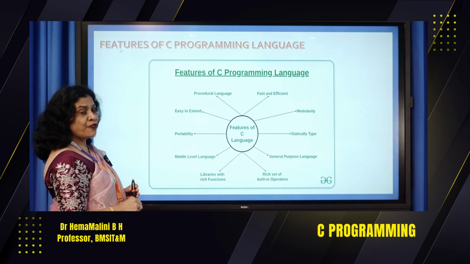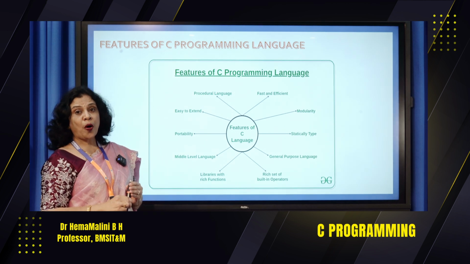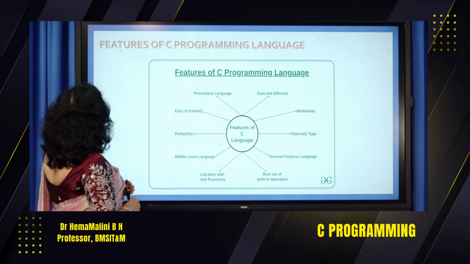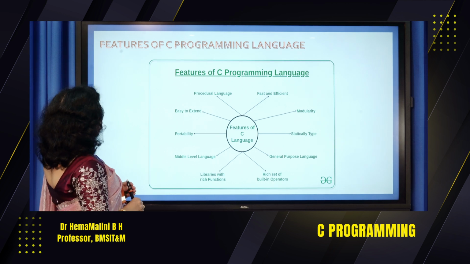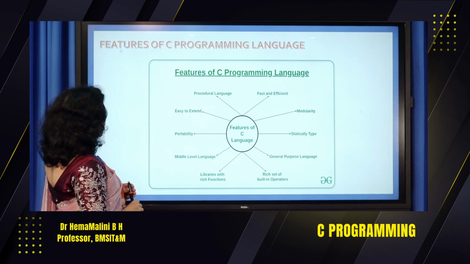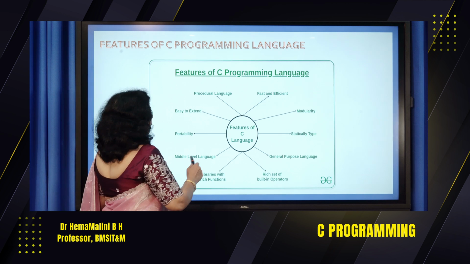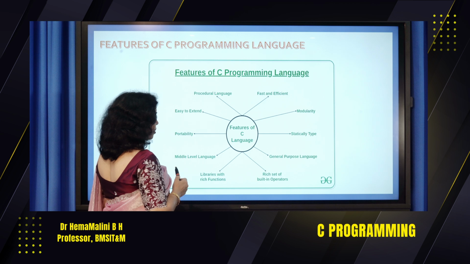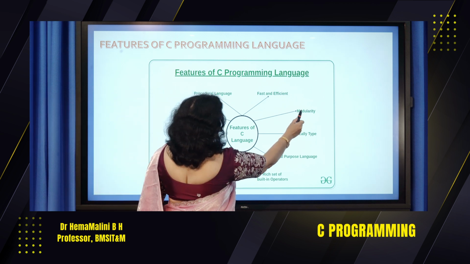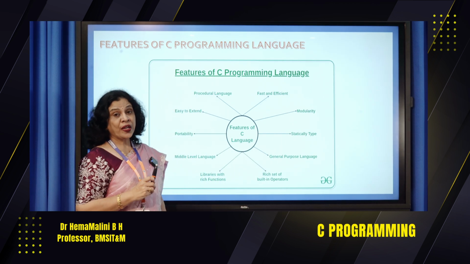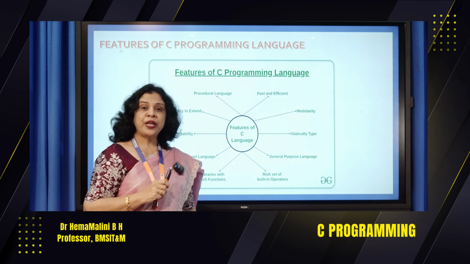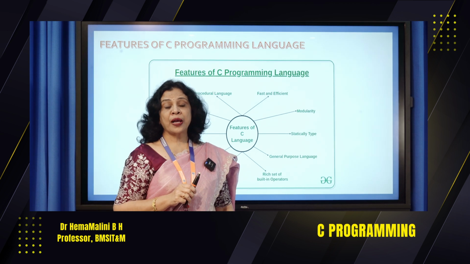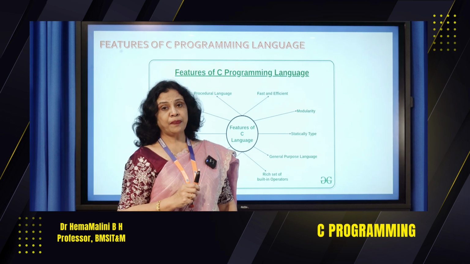Now, let us see why C is so popular. So, coming to the features of C programming language. C is fast and efficient. It is known for its modularity. So, we call it as modular program or structured program.